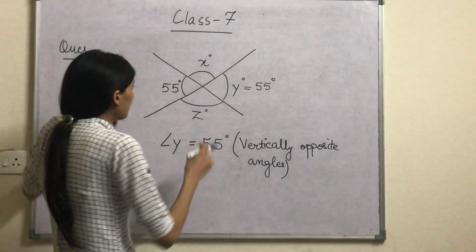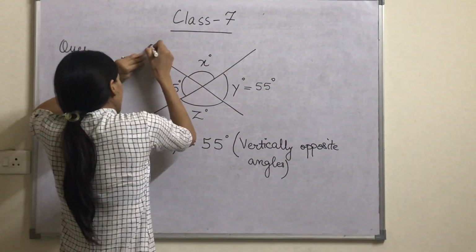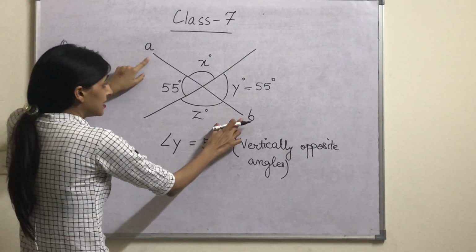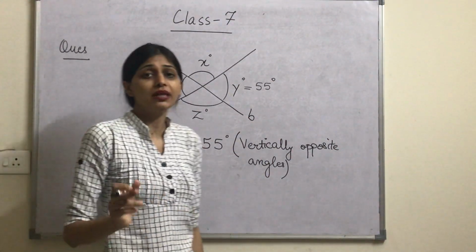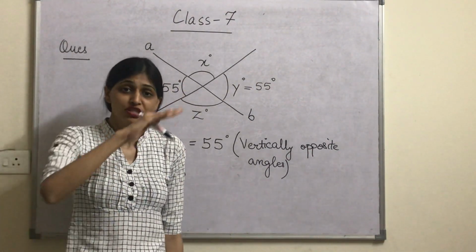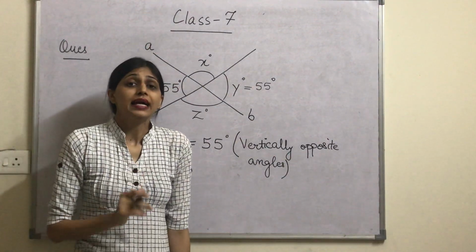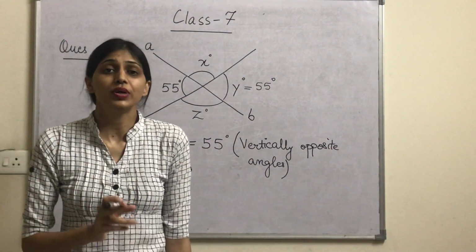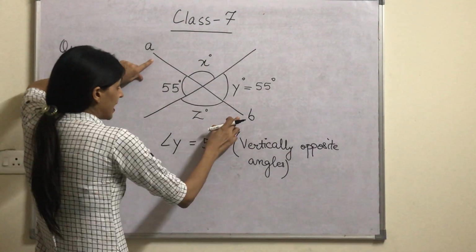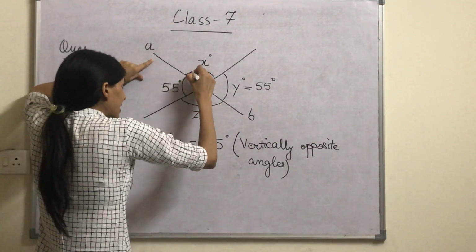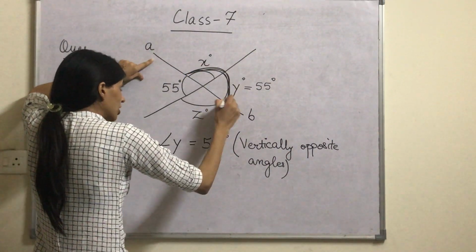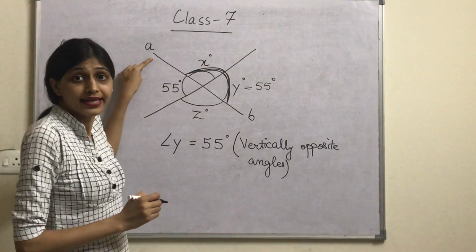Now look carefully. This is a straight line. Let me name it as AB. Now AB is a straight line. I told you in the previous video, whatever angle is made on a straight line, that angle is always equal to 180 degree. That means this complete angle on the straight line is 180 degree.